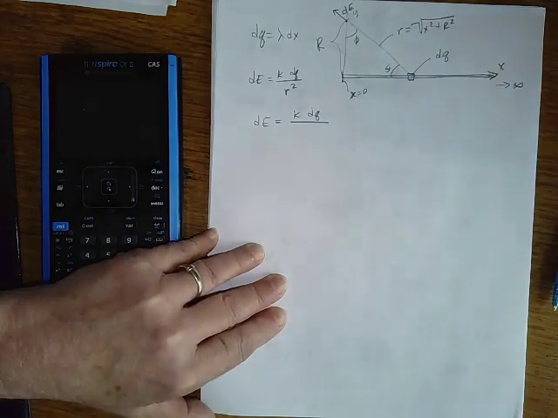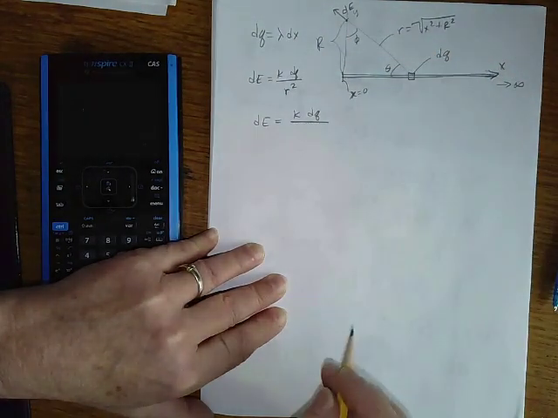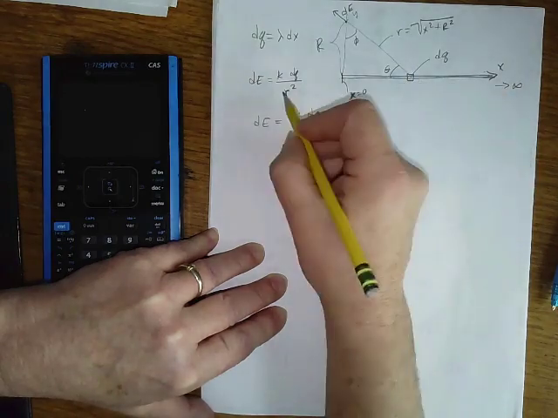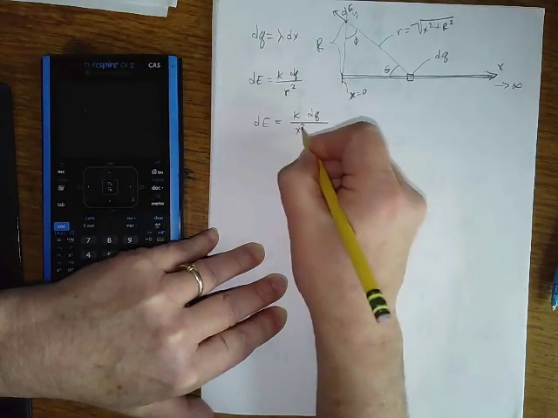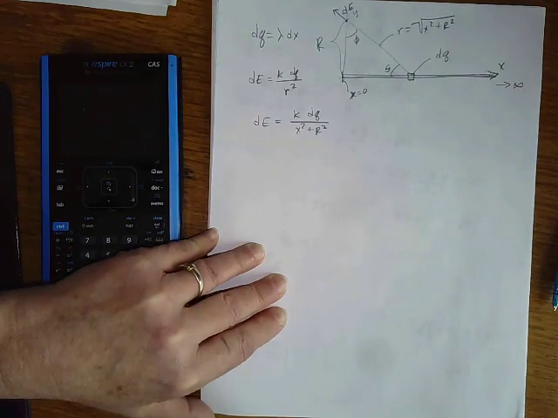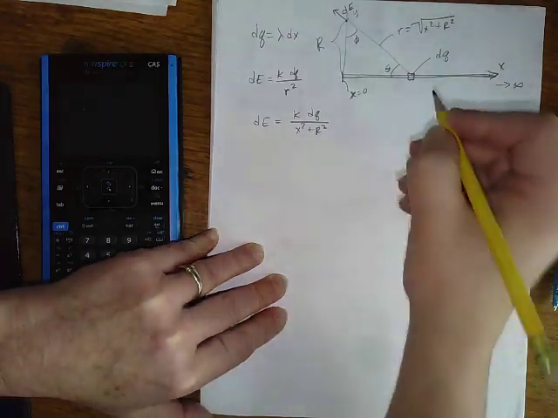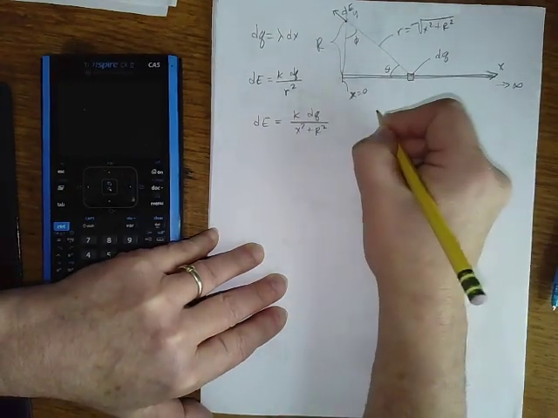Just Pythagorean theorem, a triangle here with x, r, little r. So if we want little r squared on the bottom, we're just going to have x squared plus capital R squared in the bottom. That's good. But now we've got to do dEx and dEy.